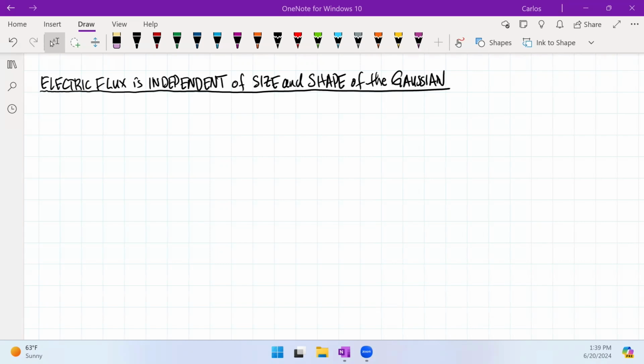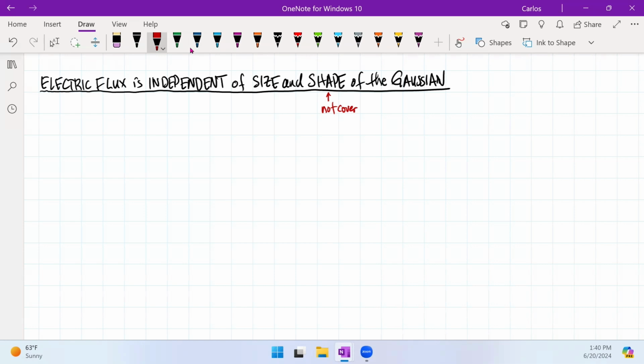Electric flux is independent of size and shape of the Gaussian. In this lecture, I will not cover the shape independence.